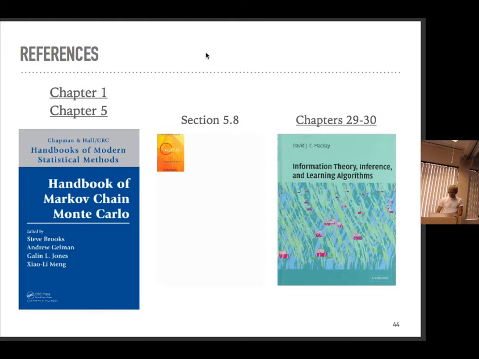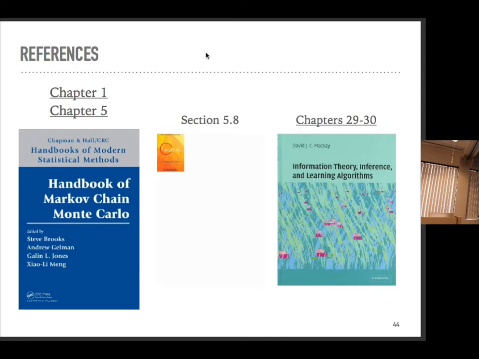Okay, just to leave you with some references here. This is probably the best starting point. This is a book. It's not free online, but they do have a couple of chapters online. Chapter 1 is a really good introduction. It basically covers the same material that I talked about. And chapter 5 is specifically on Hamiltonian Monte Carlo. This book here, I don't know why this image came out so small.